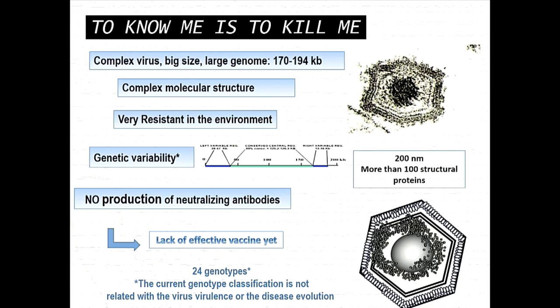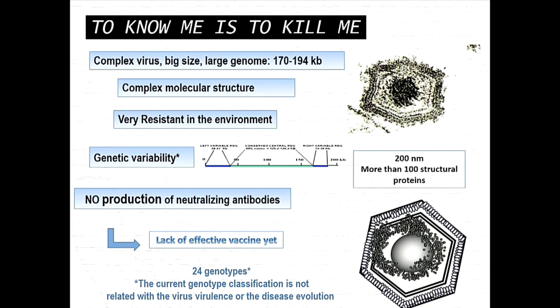First of all, the virus is very complex. Its genome goes from 170 to 194 kilobases, so it's the most complex virus affecting livestock. Foot and mouth disease has 10, and pigs' viruses have very few kilobases, which means very few genes, very few proteins, and very little information, so they are easier to know.